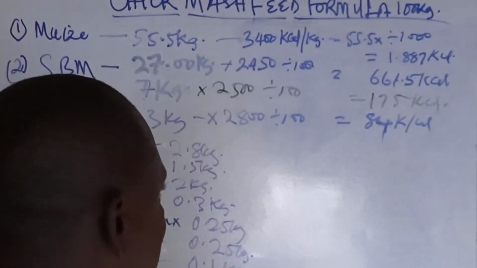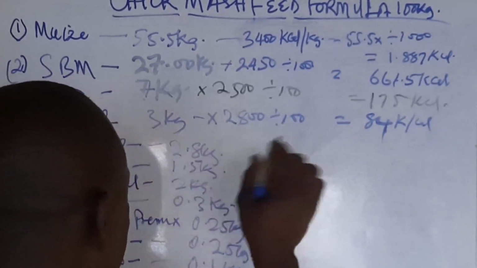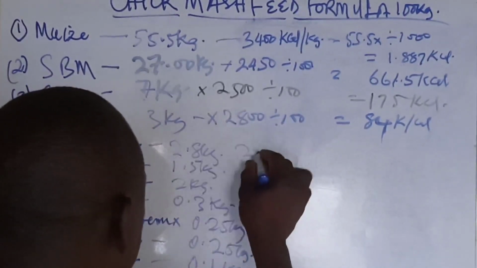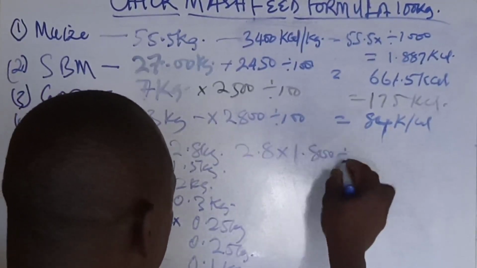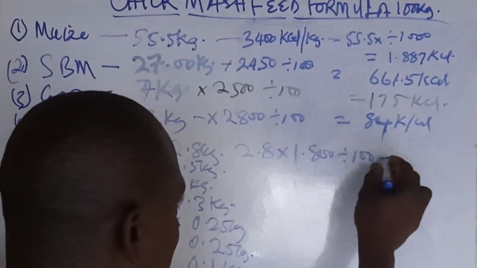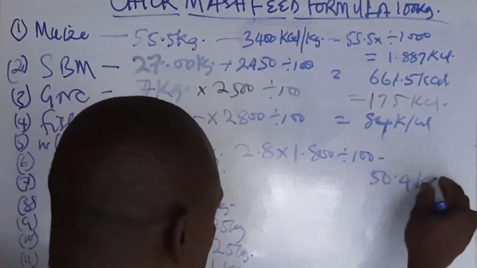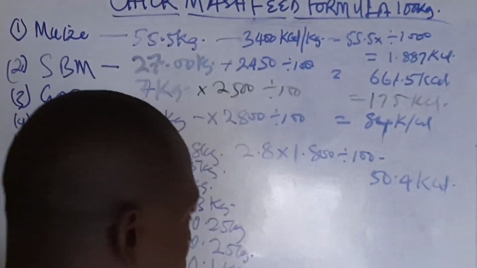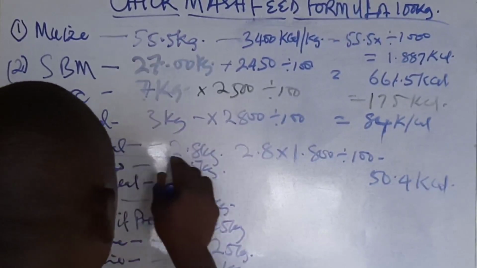Wheat offal, the energy content is 1,800. This will give us 2.8 times 1,800 divided by 100. This will give us 50.4 per kg.